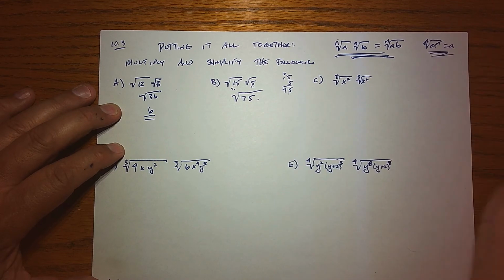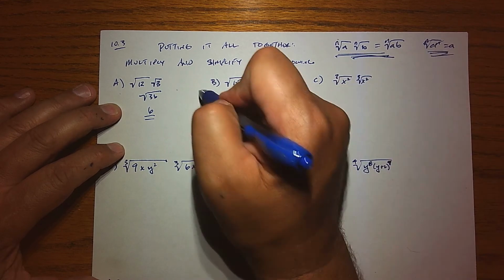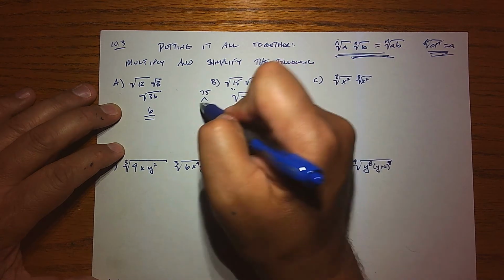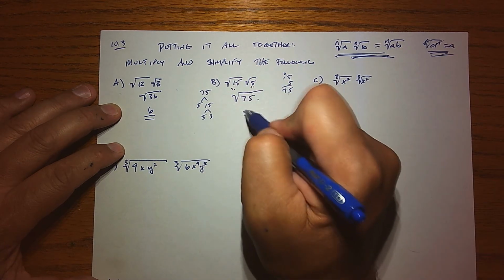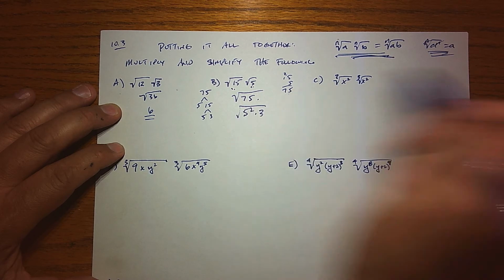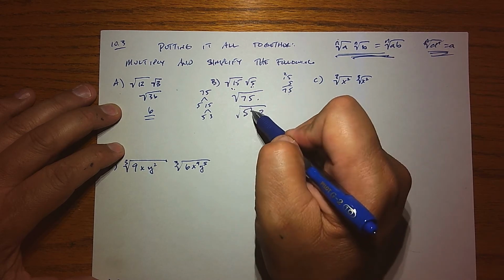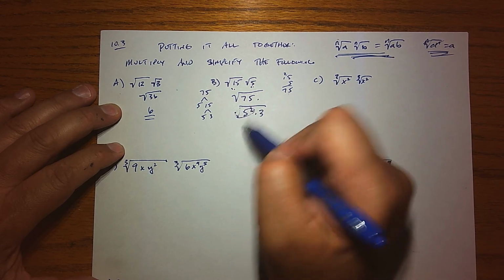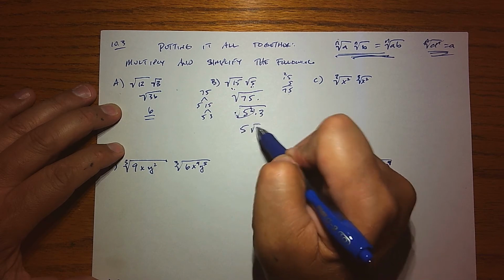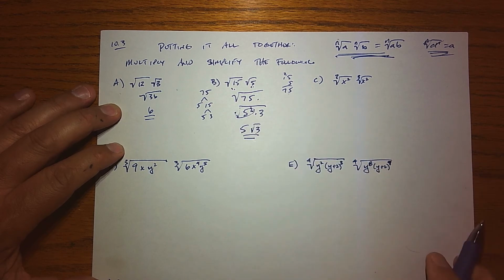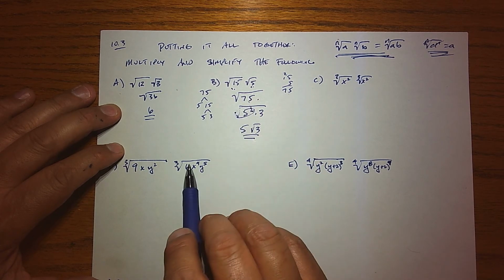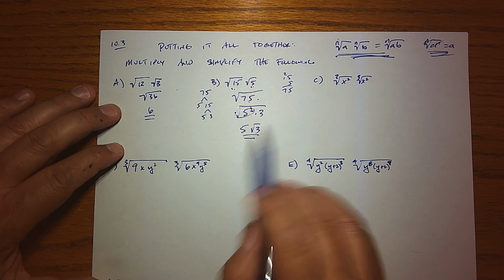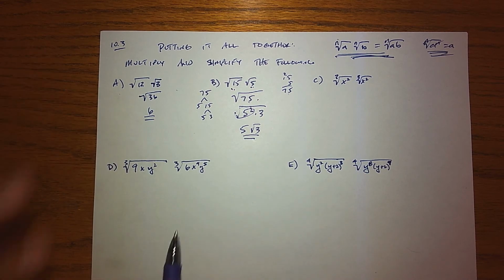Well, if we start factoring, this is 5 squared times 3. My power here matches the index, so there's a 5 that comes out, and unfortunately, there's a 3 that stays in. So I'm first putting it together by multiplying, and then I have an opportunity to refactor, re-break it up, and simplify.